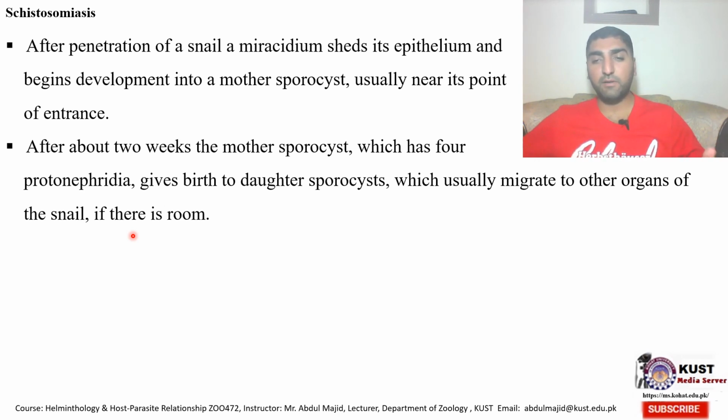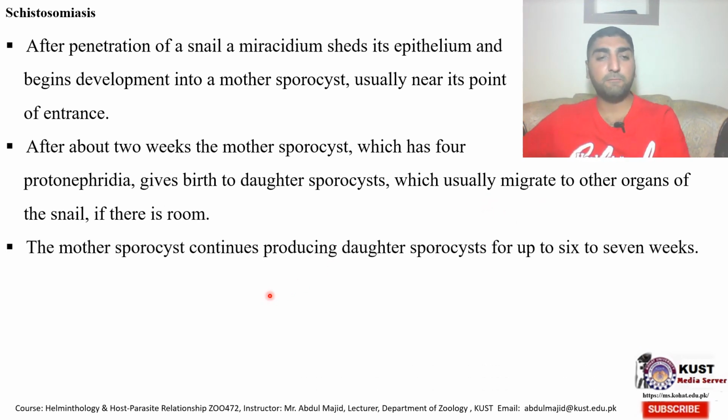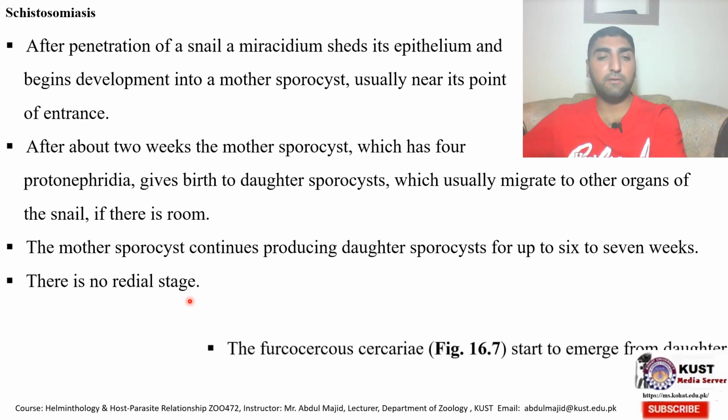The mother sporocyst will continue to produce daughter sporocysts for up to 6 or 7 weeks. And keep in mind that there is no redial stage in the Schistosoma life cycle.